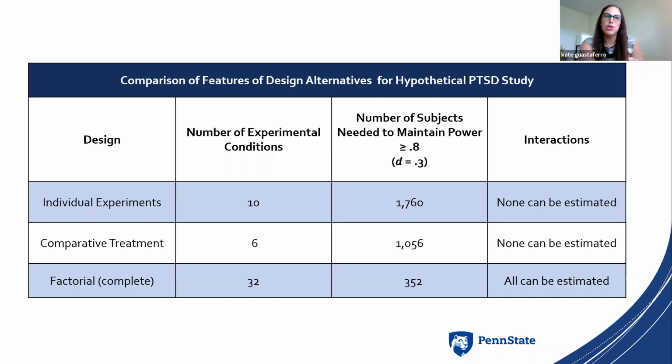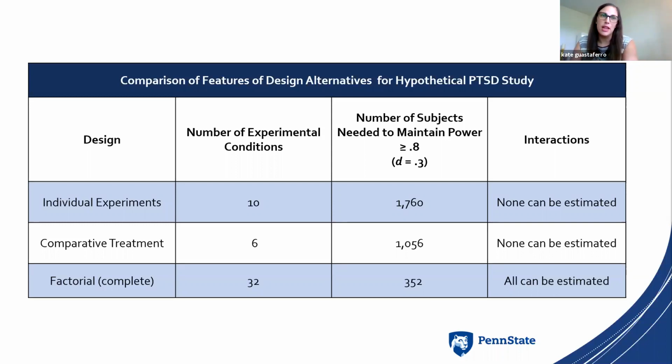There were 5 potential components. If I chose to do individual experiments for each of those 5 components with a 2-arm RCT for each one, I would need 10 experimental conditions, and to detect an effect, a Cohen's d of 0.3, and maintain power greater than 0.8, I would need 1,760 subjects. And I can't estimate any of the interactions between those different components, factors.